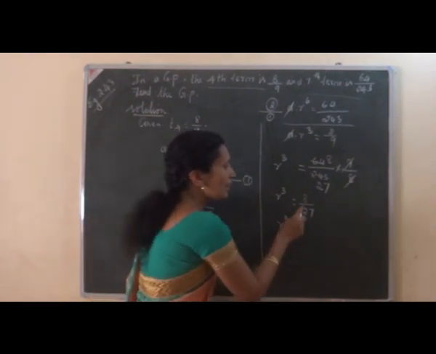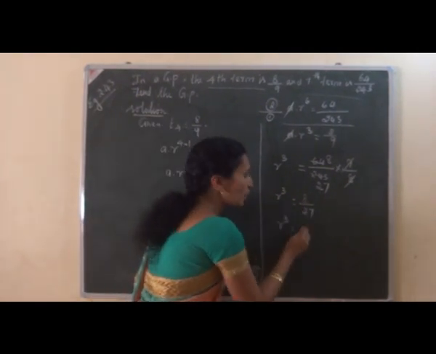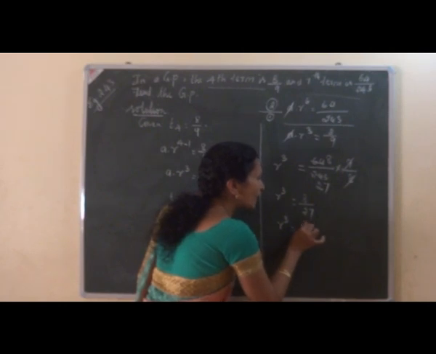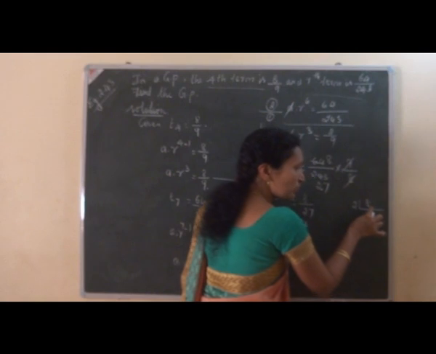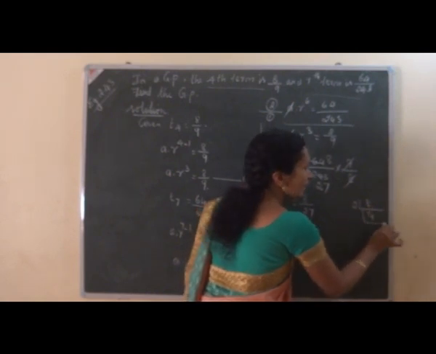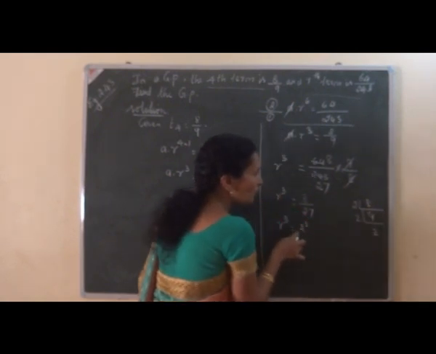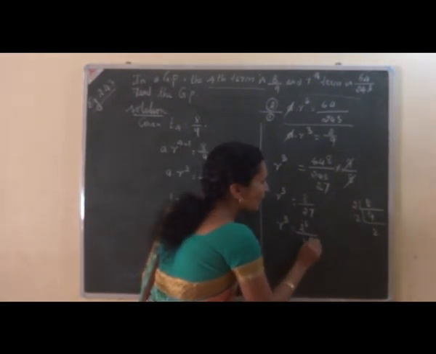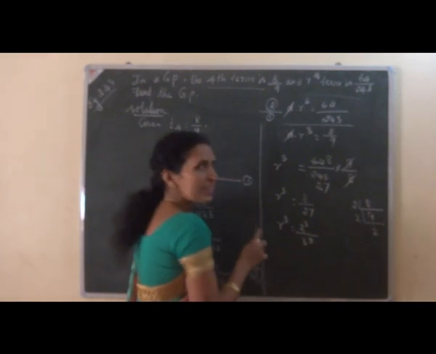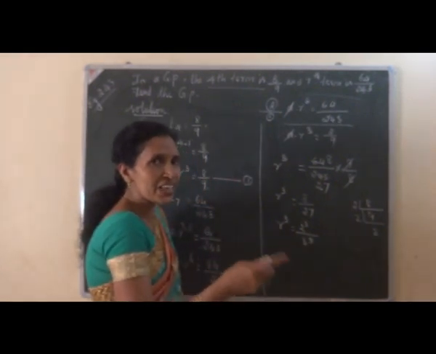Wait, listen. 8 you can write as 2 power 3, right? 2 2s are 4, 2 4s are 8. And 27 we can write as 3 power 3, 3 3s are 9, 9 3s are 27.